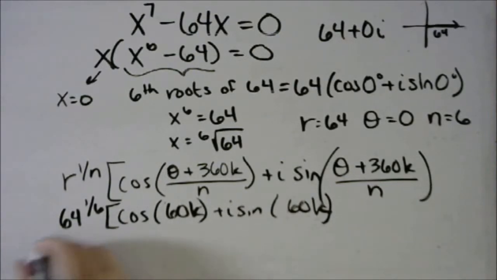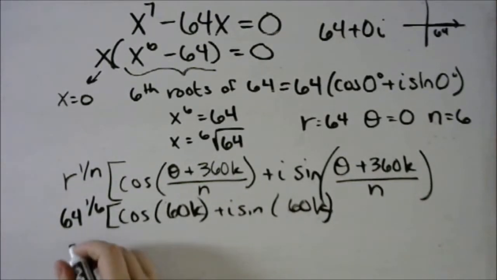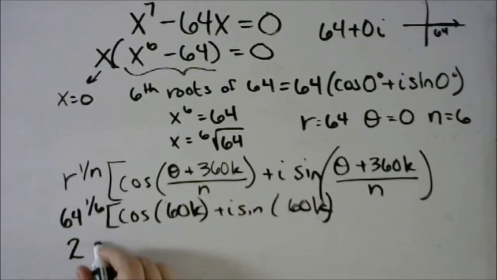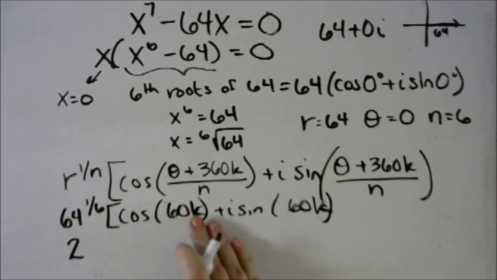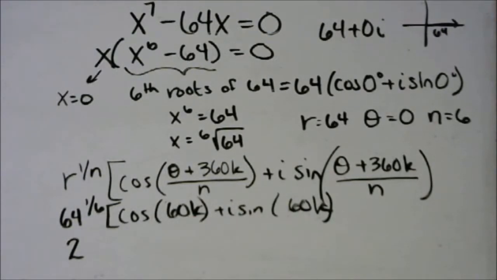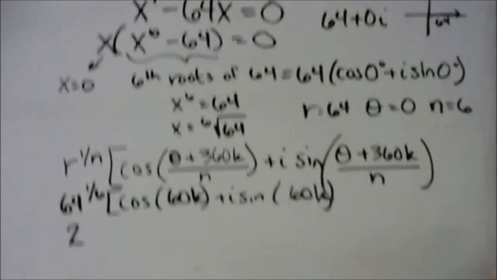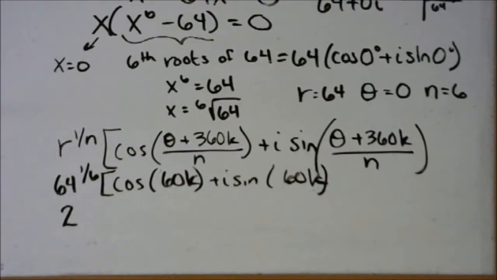So my answers are all going to be in the form of 2 times cosine of this. For k is 0, k is 1, k is 2, k is 3, k is 4, and k is 5. Remember, I'm looking for 6 solutions when I'm trying to find the 6th root.